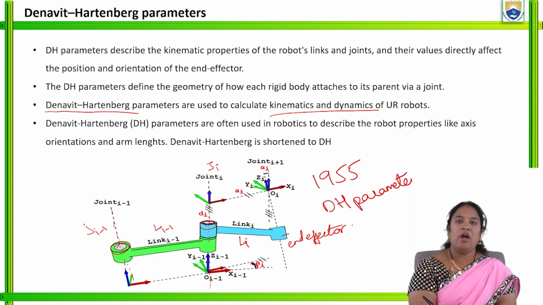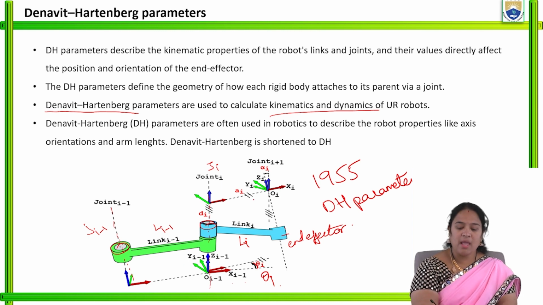When the joint is taking some kinematic movement or motion analysis, it rotates at an angle of theta i. The axes, that is the x-axis, y-axis and z-axis, will also have some movement, taking a direction of x i minus 1, z i minus 1 or y i minus 1 accordingly.